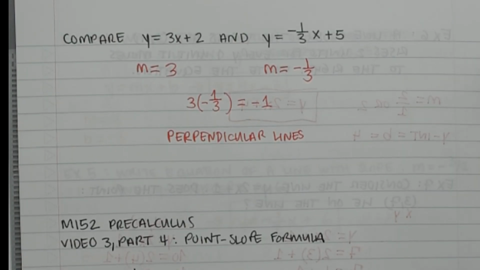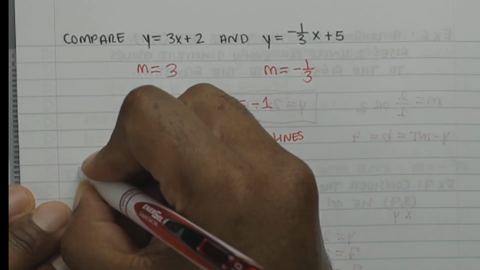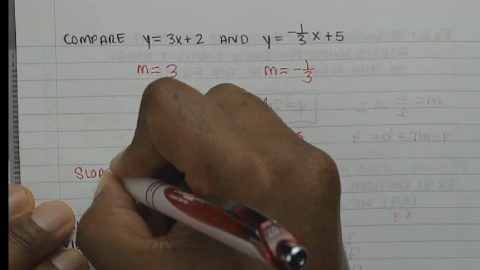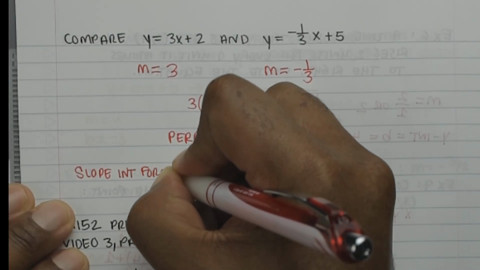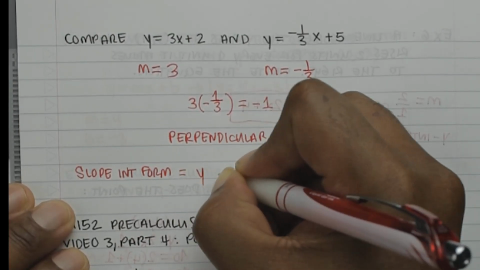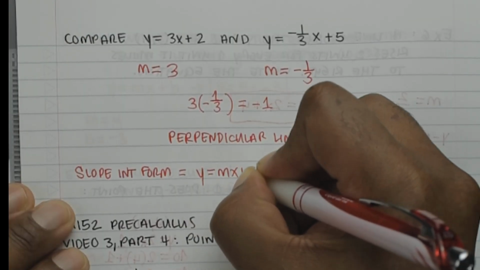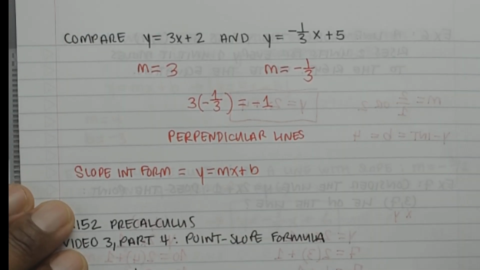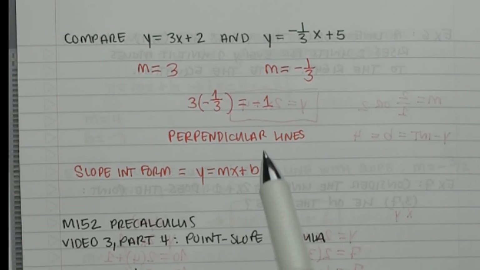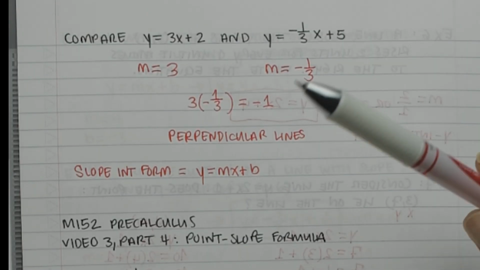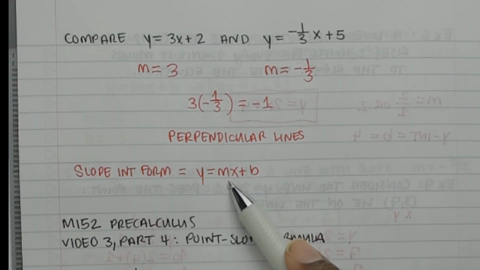But the final review is this. The slope-intercept form is y equals mx plus b, where m is the slope, b is the y-intercept. So you have to remember these key ideas. First, the coefficient of x is the slope.